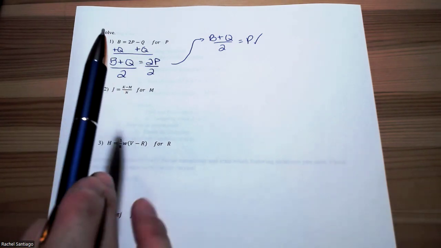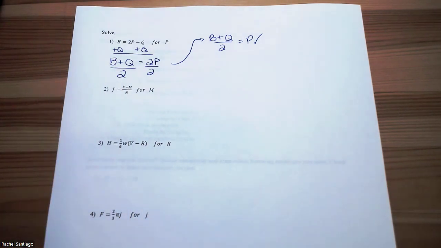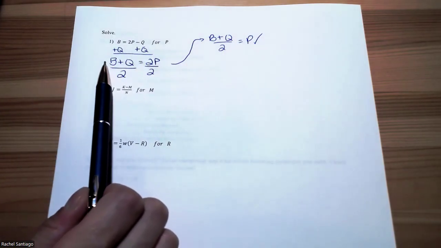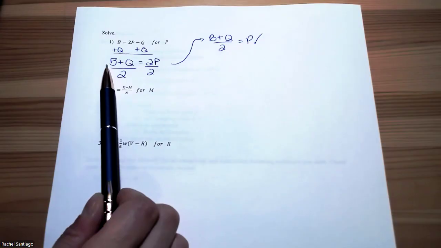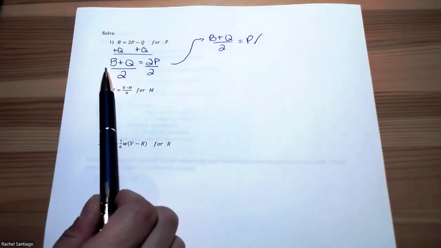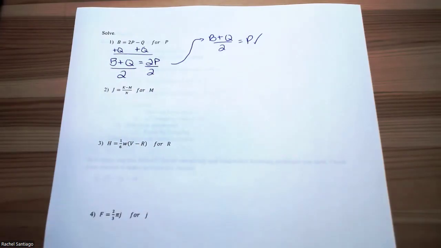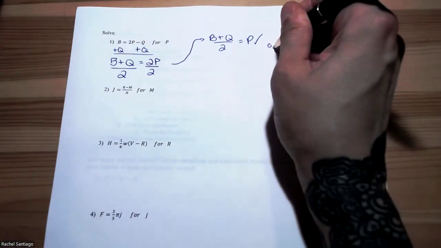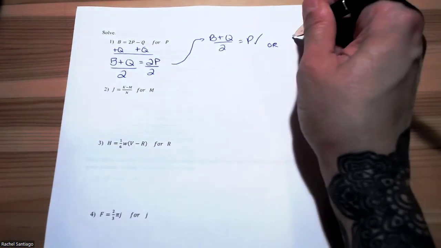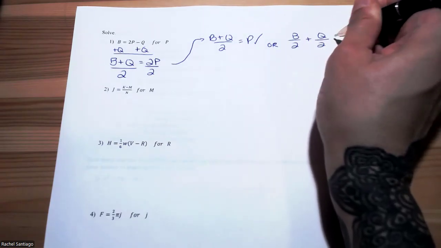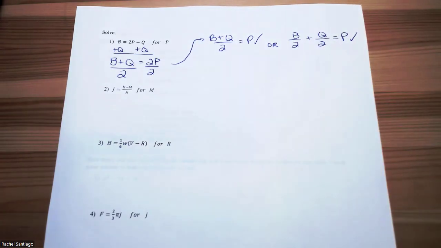However, it isn't uncommon to have to split these terms up. So instead of dividing both terms by 2 in one fell swoop, we can actually divide each term by 2. So another representation for my answer would be b over 2 plus q over 2 is equal to p.